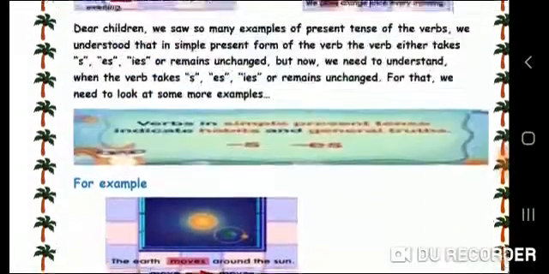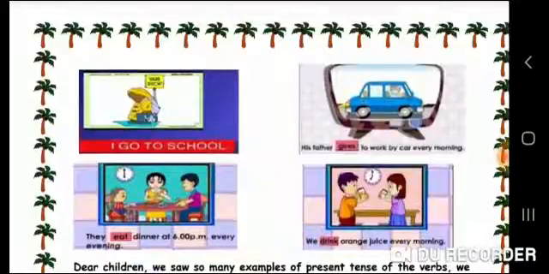But now there is an exception. With I, we always use study. We can never say I studies, I goes, I washes, I combs, or I eats. Why? Because there's a rule to it. The rule is, with personal pronouns I, you, we, and they, the verb remains in its original form, that means without s, es, or ies, right?